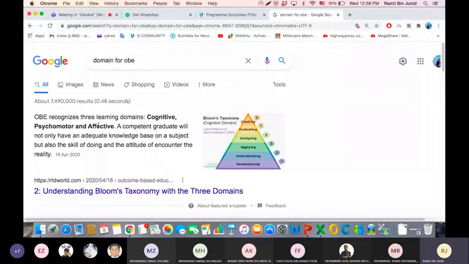Affective means we are testing your inner self, your inner behavior, about your love, how loving you are to nature. For example, affective means affectionate. Affectionate in Malay we can say kasih sayang or sayang menyayang, something like that.